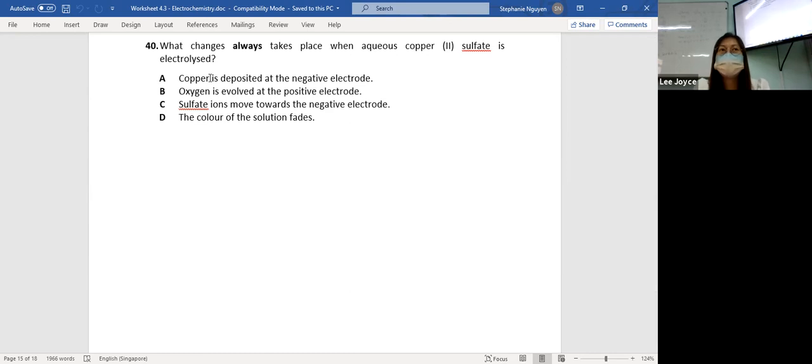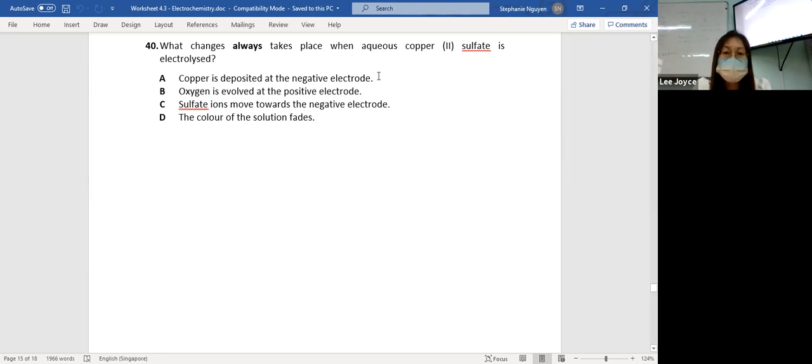Let's say we use the active copper electrode. You will definitely have the Cu2+ be discharged, because it's more preferred to be discharged as compared to the H+ ion at the cathode. So you will get copper. Then if, let's say, you use active electrodes of copper or maybe silver or other metal electrodes, you will also get Cu2+ discharged at the cathode.